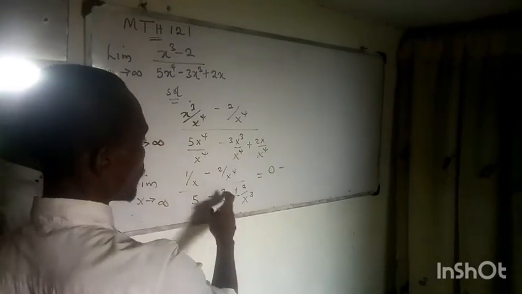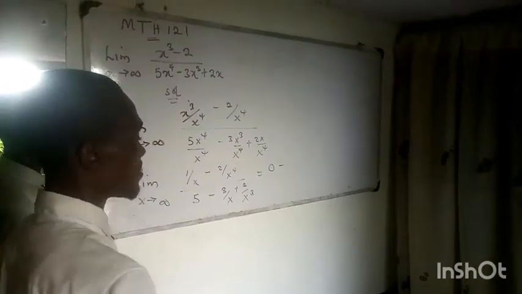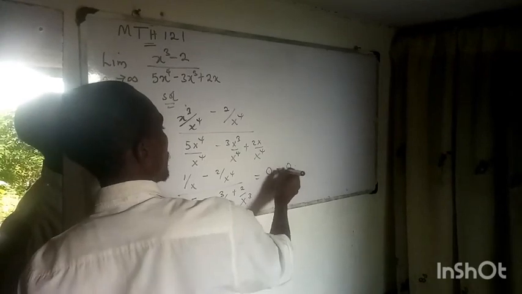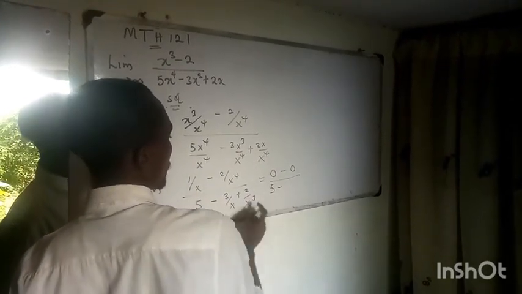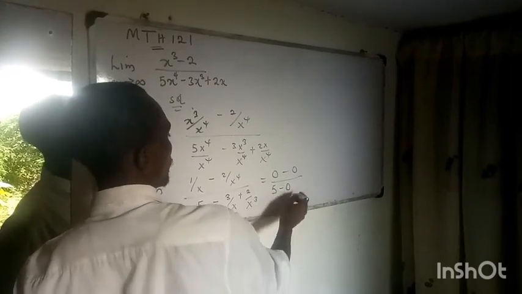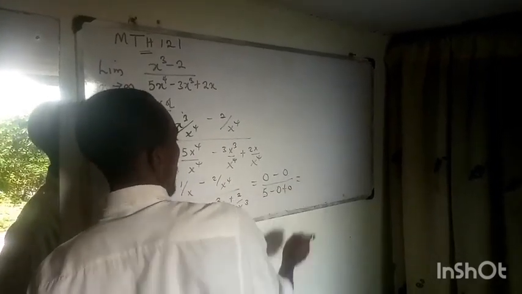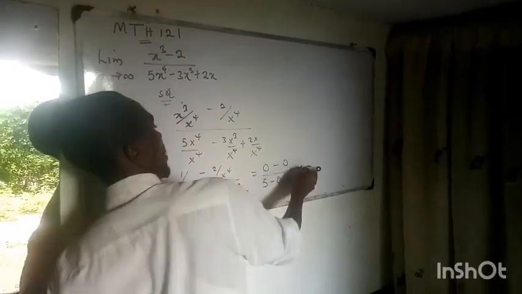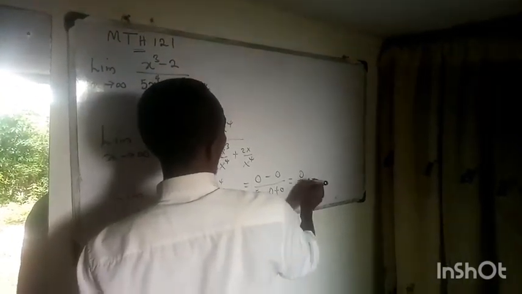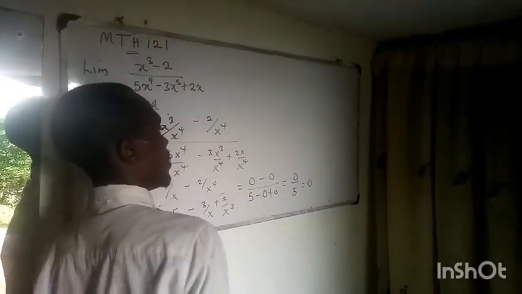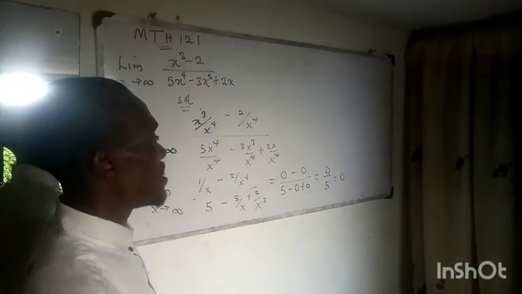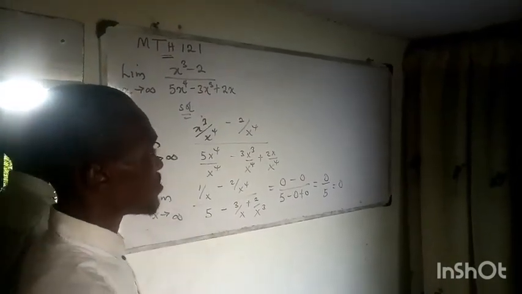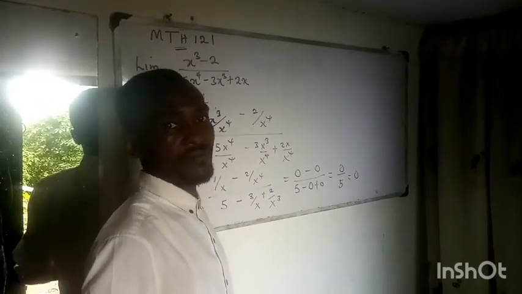Likewise 2 over x^4, because you can see 2 is a constant, so this is also going to tend to 0. And then we have our 5, and this will tend to 0 as well. This will tend to 0 as well. So at the end of the day, we have 0 over 5, which is 0. So the limit of this function is 0 as x tends to infinity.